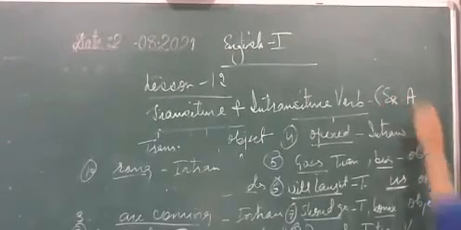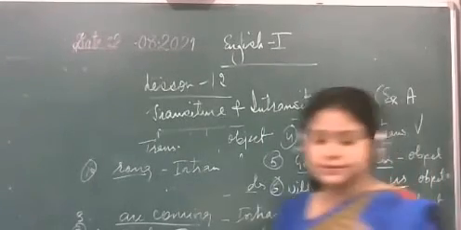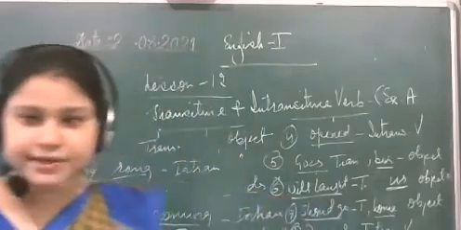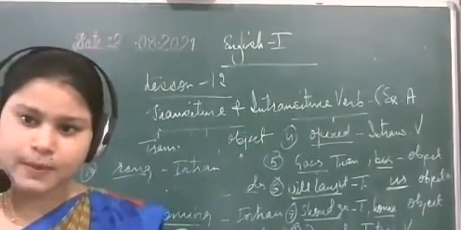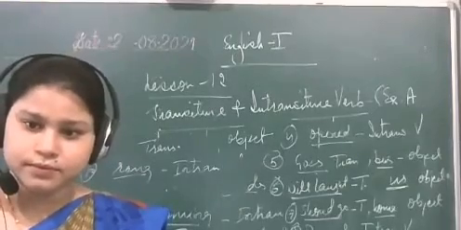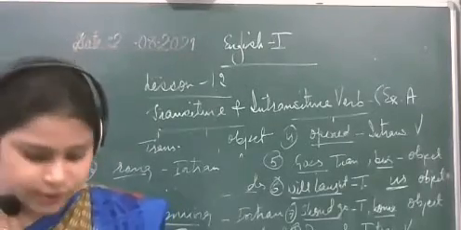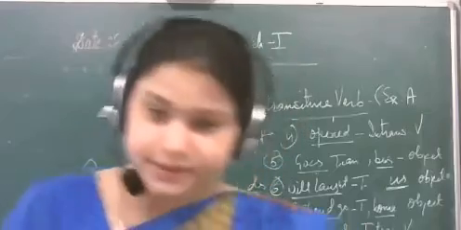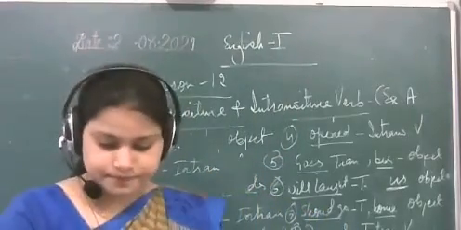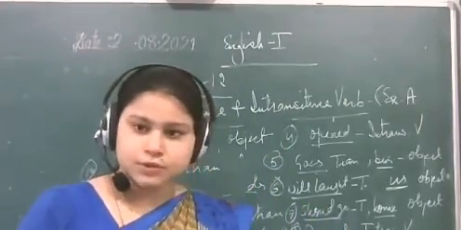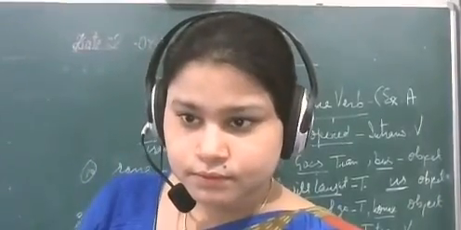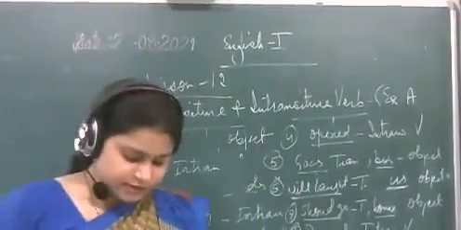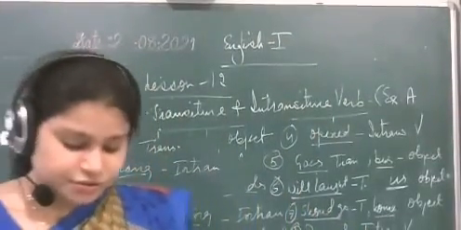Exercise A we have just finished. So how many of you have completed exercise A? Okay, very good. Thank you. Now we will move to the next exercise, that is exercise B. In exercise B, students, just take out page number 62.